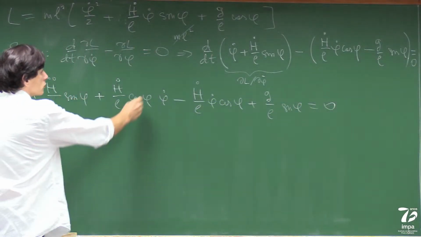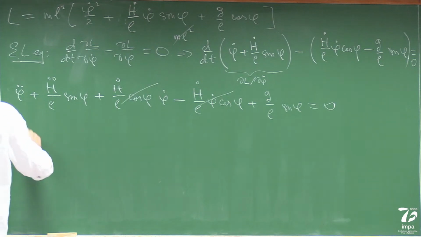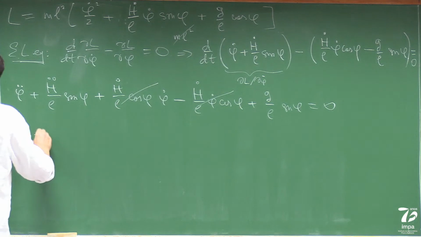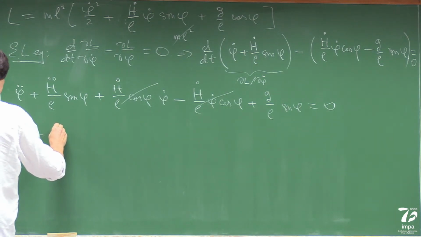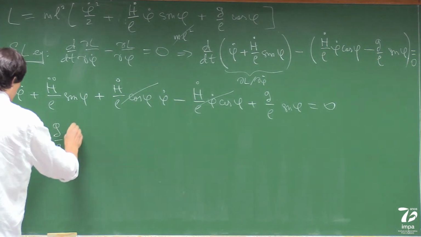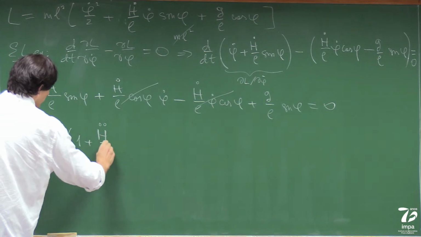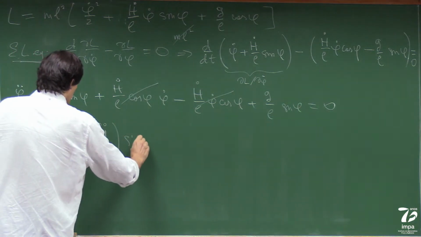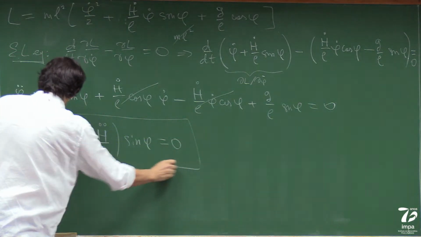Then you see that these two terms cancel. And you get the equation psi double dot plus g over L, 1 plus h double dot over g, sine psi equals 0. So that's your equation of motion.